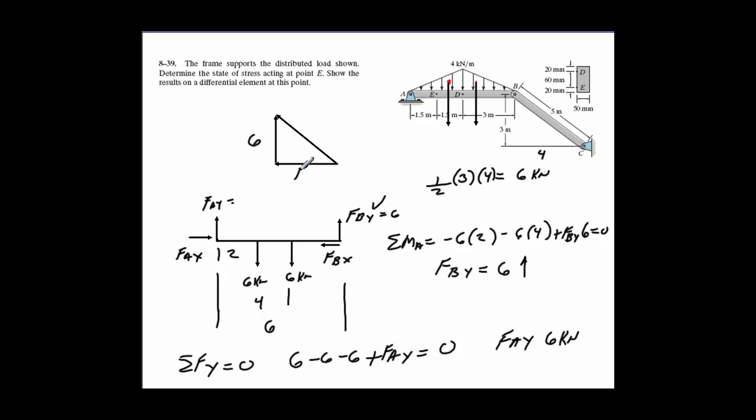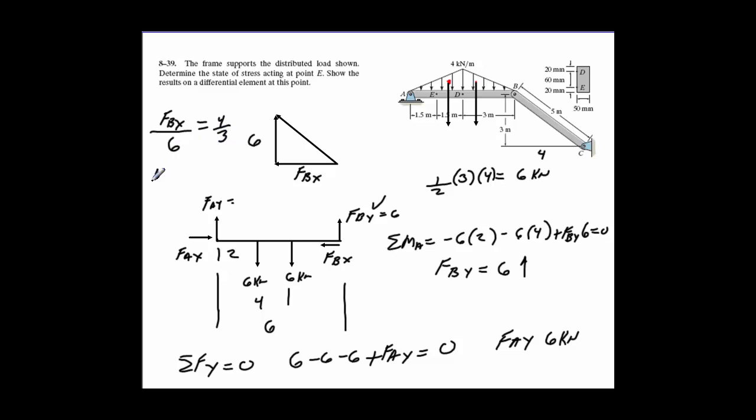This would be FBX. Now we can do this with trig if we want to, but we also know the ratios. We know this is a 3 to 4 ratio because we have a 3 and a 5, so 3, 4, and 5 is a standard triangle. So we can set this up as a ratio and have FBX, this over this, 6, this over this must equal 4 over 3.